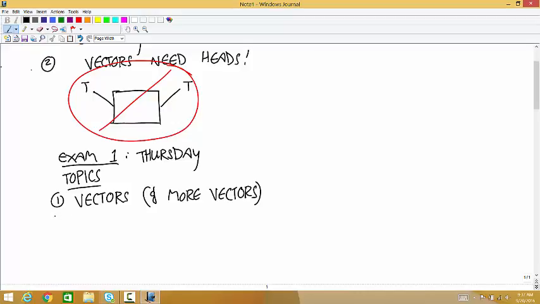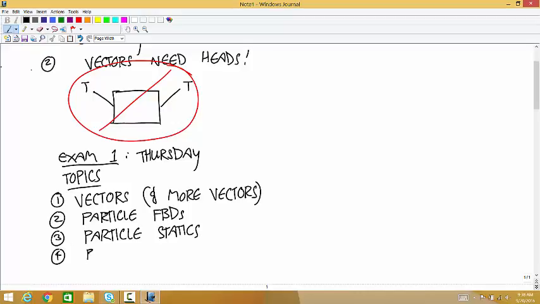And then particle free body diagrams, particle statics, and rigid body free body diagrams. So those are the problems you need to be comfortable with for the test.